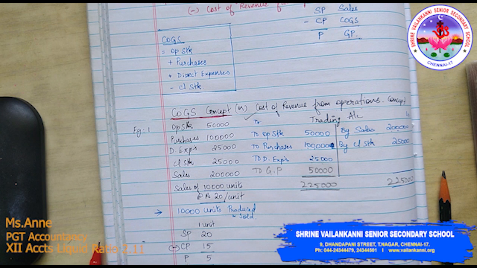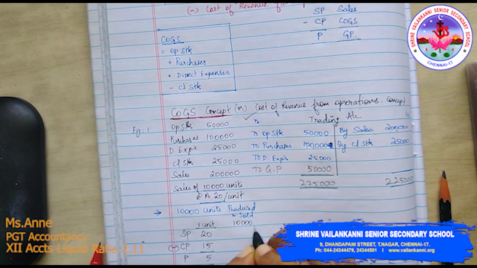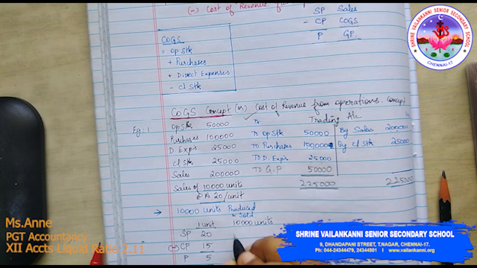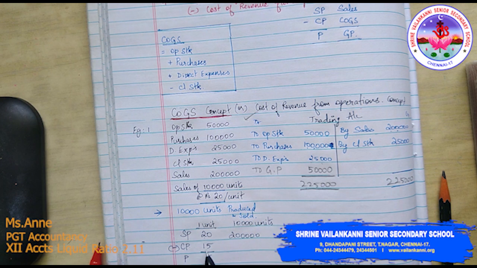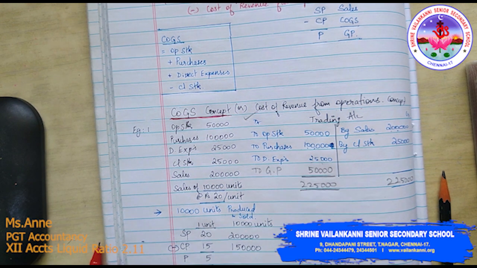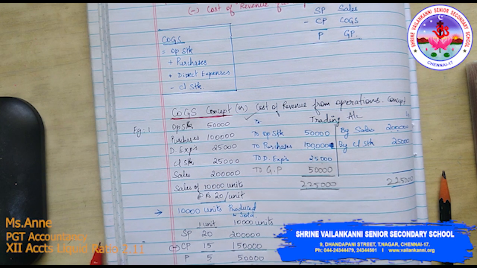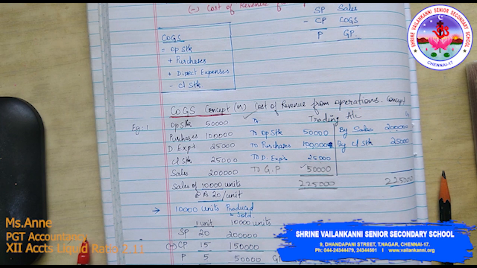So selling price minus cost price will be your profit. So for 1 unit it is so. What is it for 10,000 units? 20 into 10,000, 2 lakhs. 15 into 10,000, 1 lakh 50,000. 5 into 10,000, 50,000.